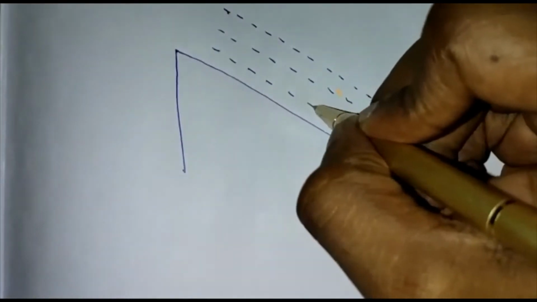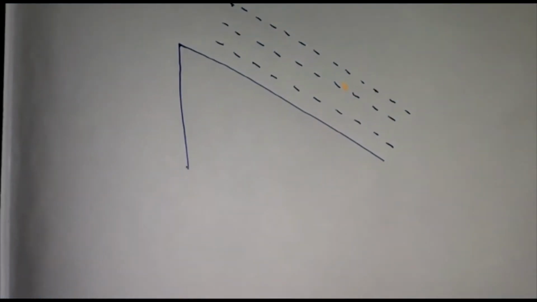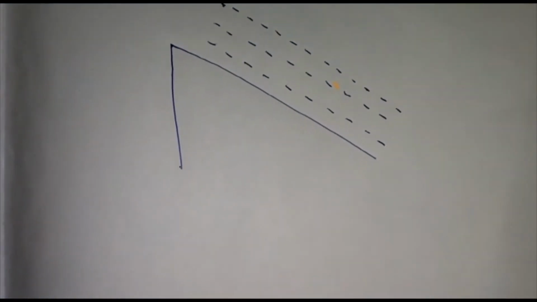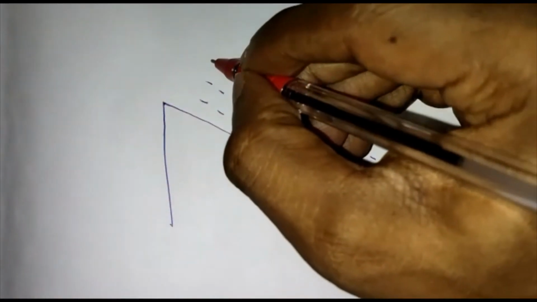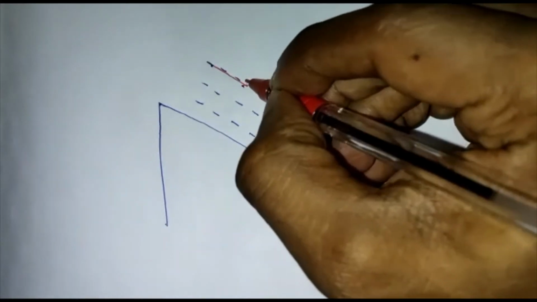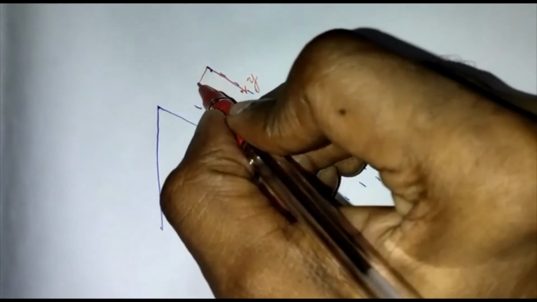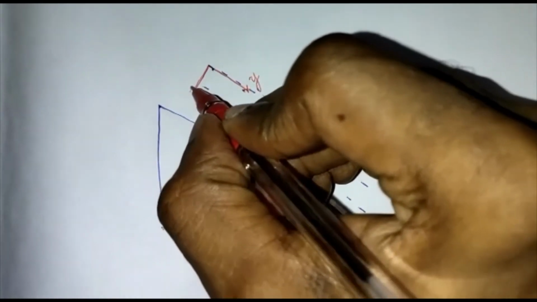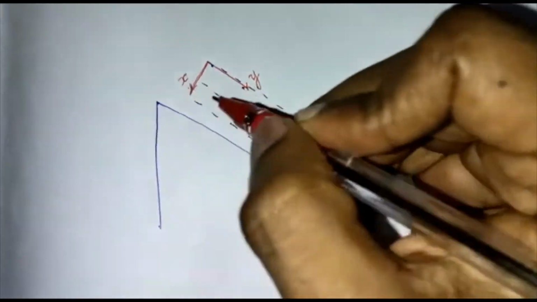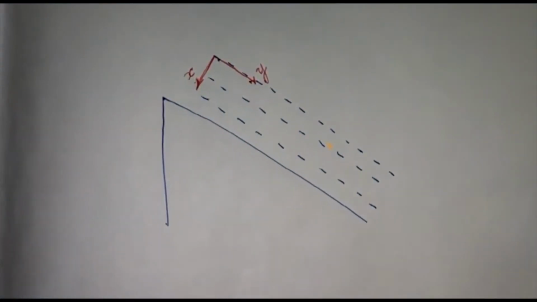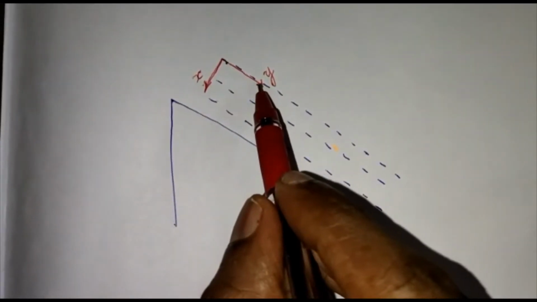So these dashed lines represent that a liquid is flowing. Now I'm going to introduce a set of coordinate axes. This is going to be our y-axis, and this is going to be our x-axis. I have just set up a set of coordinates.